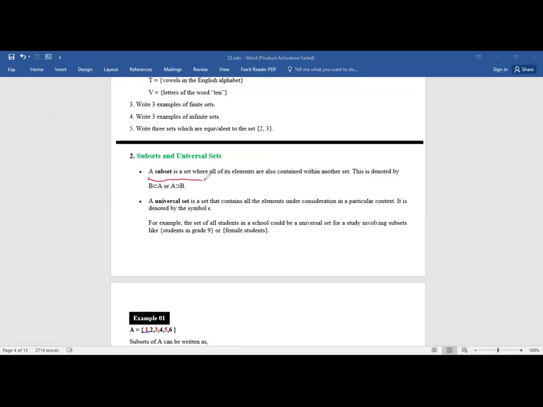A subset is a set where all of its elements are also contained within another set.